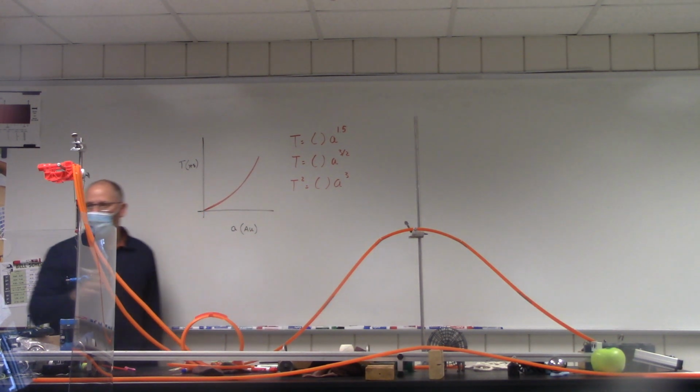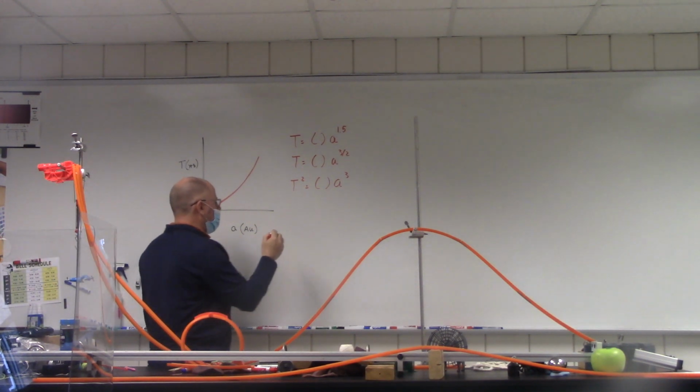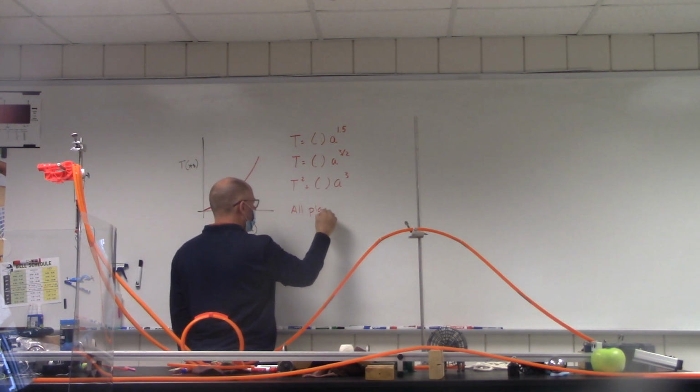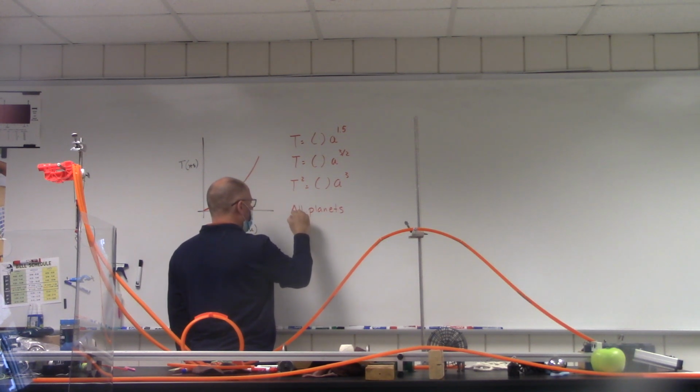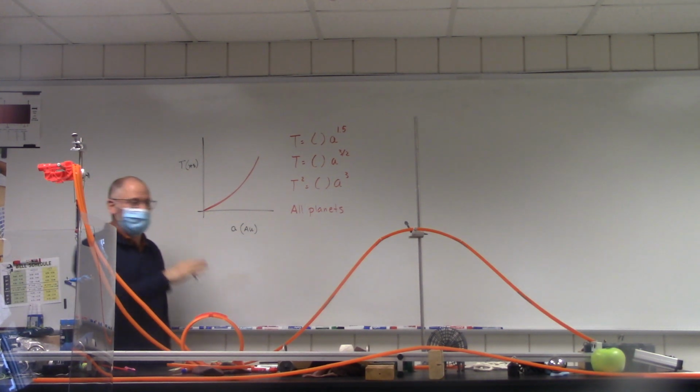Here's the thing, and this is like the moment, right? When you look at this, what this is saying is that for all planets, and in fact, we're going to see it's not just for all planets, it's for everything in orbit around a central body. So in this case, it's the sun.